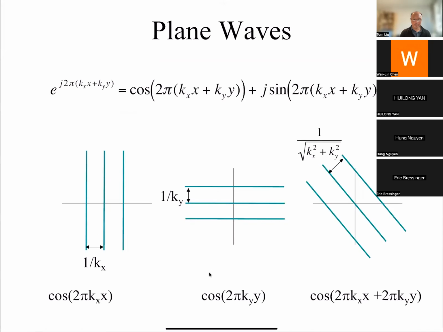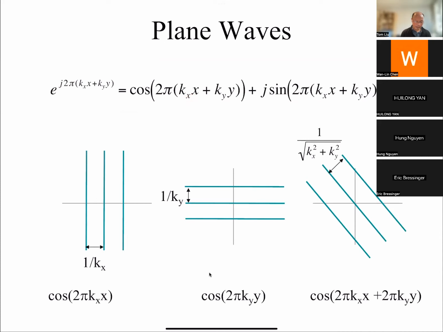Okay, so we're going to spend some more time talking about how to interpret the 2D Fourier transform, because that's something not everyone has seen before. We can write out the complex exponential in terms of a cosine term and a sine term. Let's see what happens with different combinations of kx and ky.